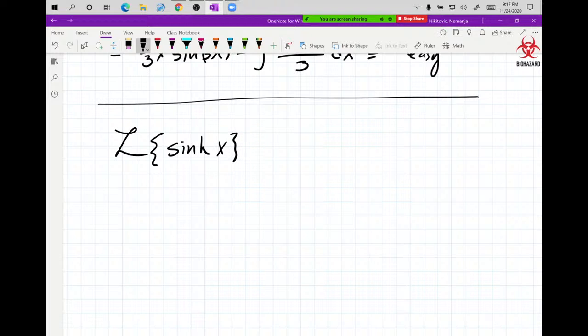That's a formula on the cover of your book, but how do we get this? Students would say, okay, well, that's just the integral from 0 to infinity of e to the negative st times sine hyperbolic t dt, and go to the u-sub part, where you have to do it twice.